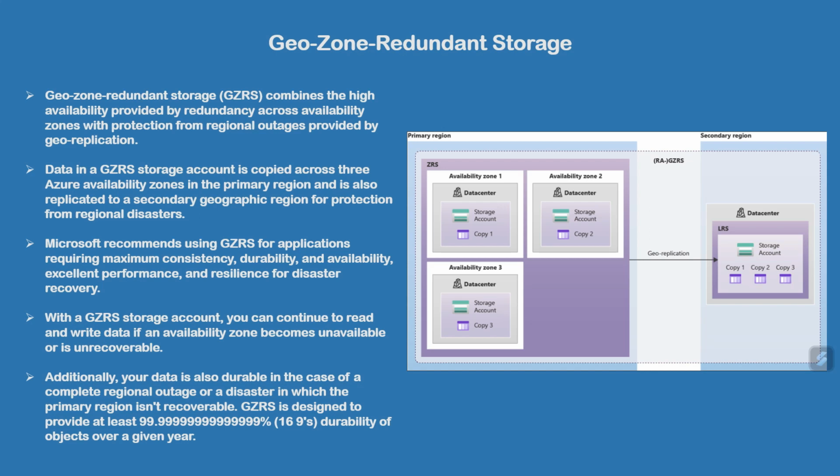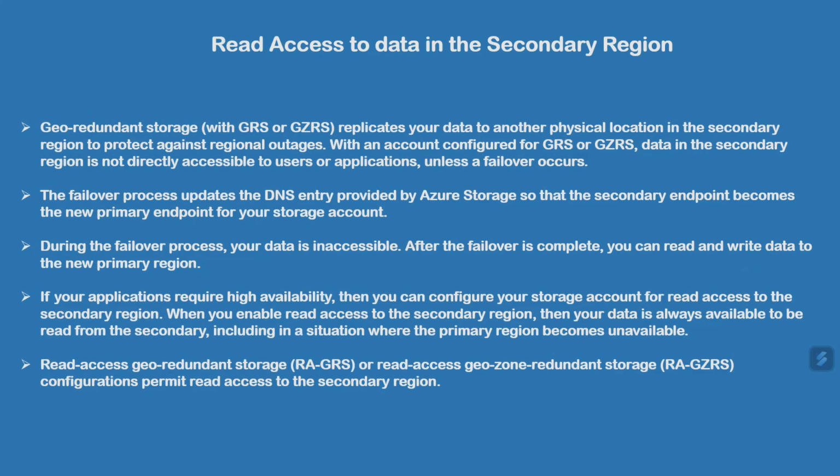So I hope you are clear with that. GZRS replicates your data in the secondary region and there are 6 copies overall. In the primary region it is ZRS, in the secondary region it is LRS replication. Now let's move on to read access to the data in the secondary region. So what is the meaning of read access?